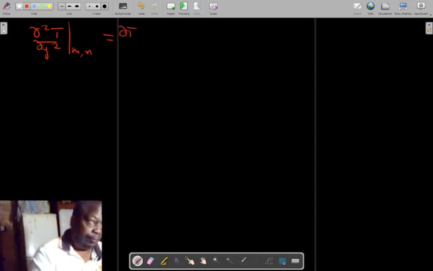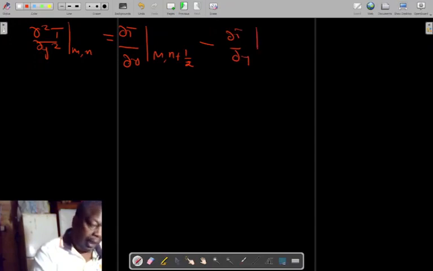So now let's have a look at d2T/dy squared of m comma n, which is equal to dT/dy at m, n plus a half, minus dT/dy at m comma n minus a half, divided by delta y.